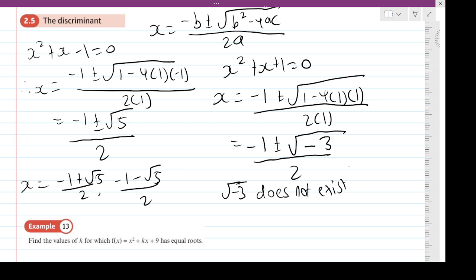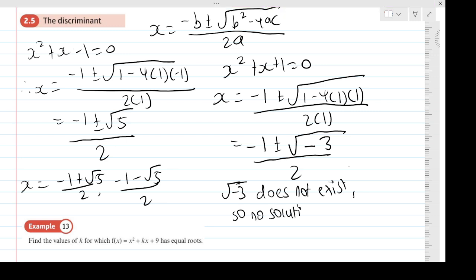When you look at the field of complex numbers, we do study this more deeply, but for normal A level, in terms of graph sketching, you won't get a proper answer. So it does not exist. There are no solutions to that equation.